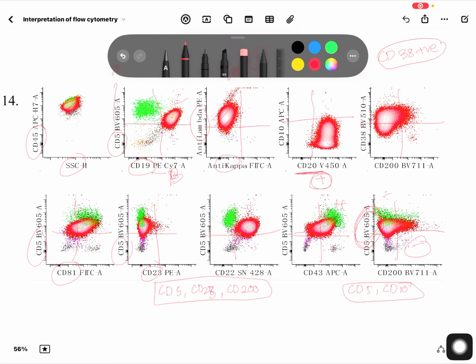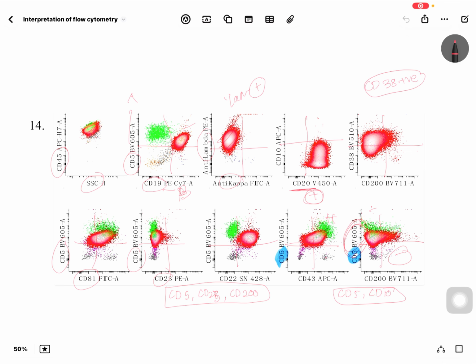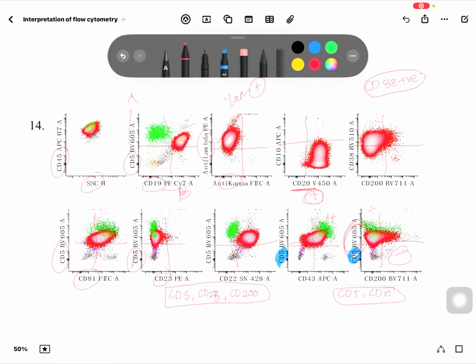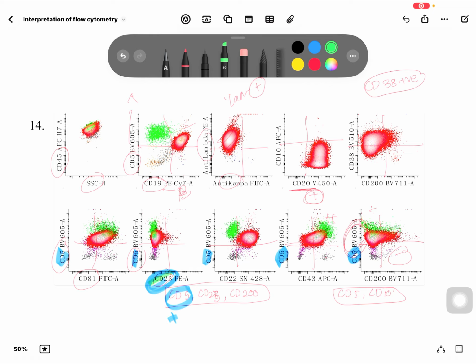So in this, am I finding CD5? Yes, CD5 is present here. CD5 is positive everywhere. Then moving to CD23. Do you find CD23 anywhere? Yes, CD23 is here, which is negative.